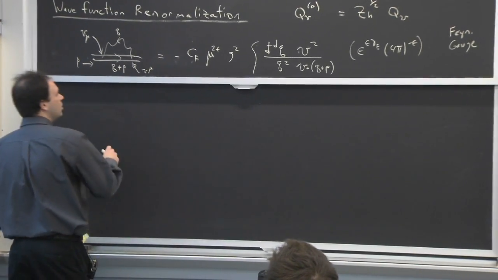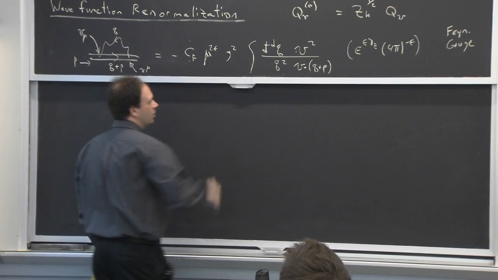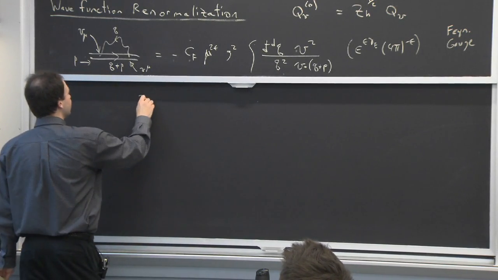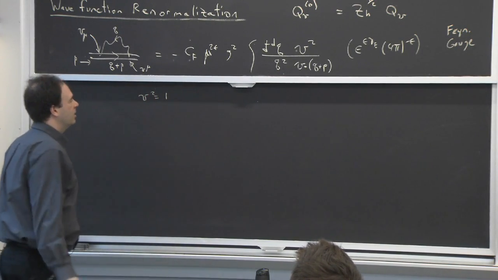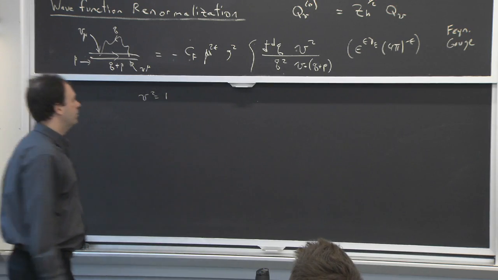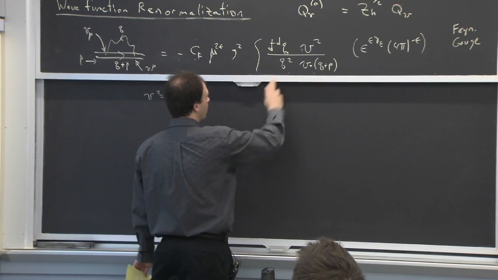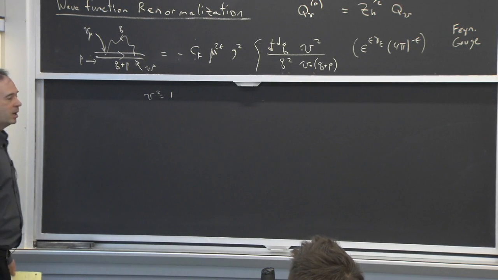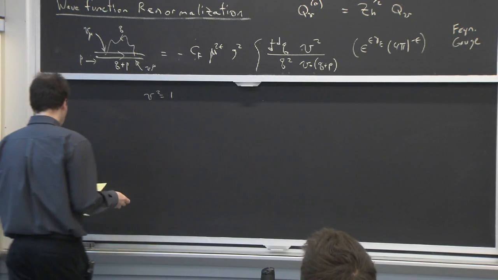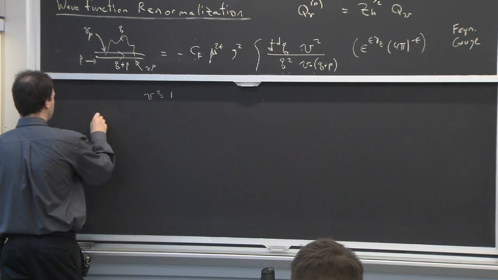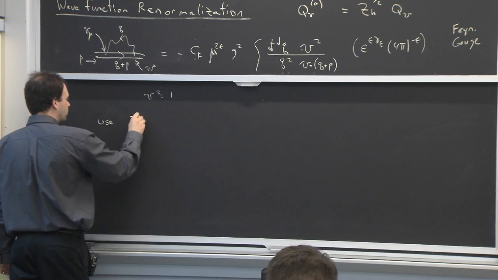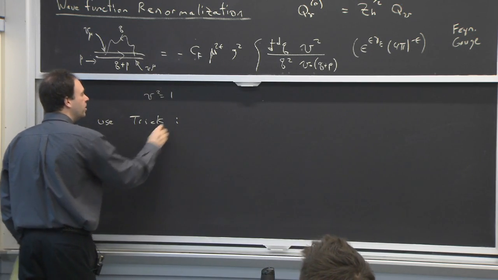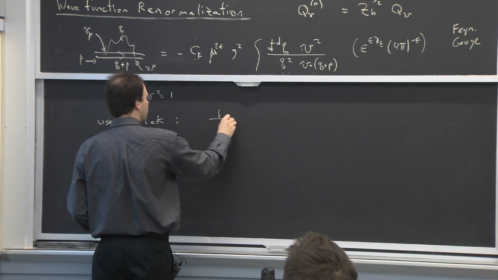OK. So when you have an integral like this, v squared is 1. That's one simplification. When you have an integral like that where you have a linear momentum in one propagator and a quadratic momentum in the other propagator, you don't want to use the standard Feynman trick. I call this trick the Georgi trick.